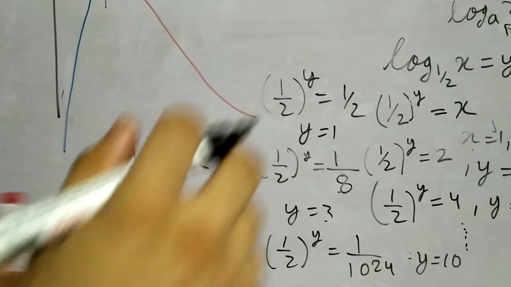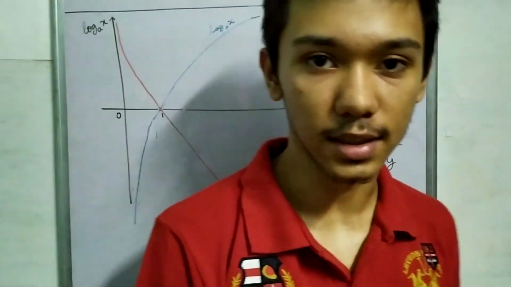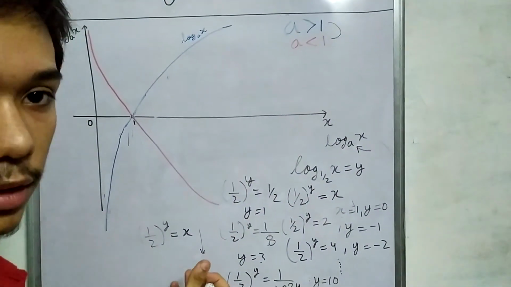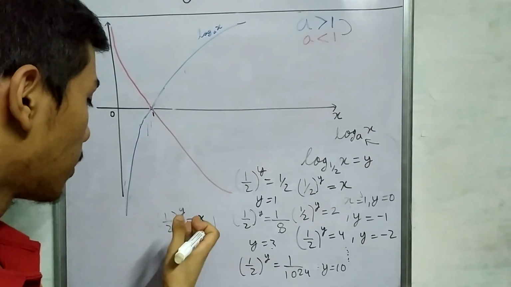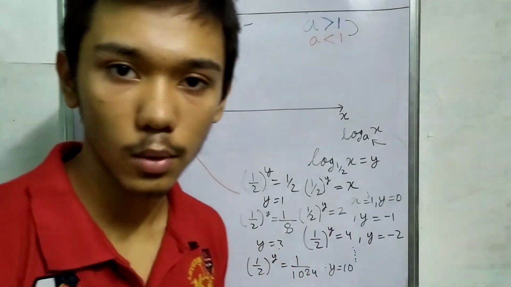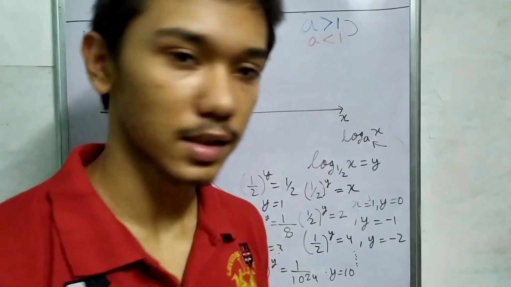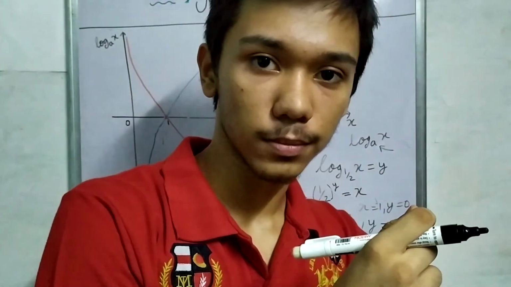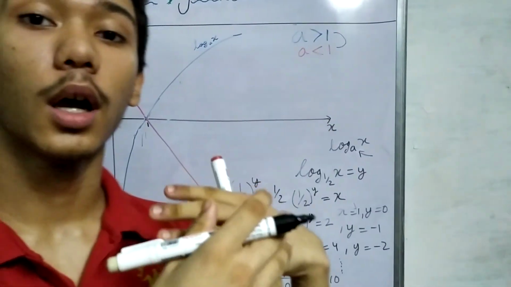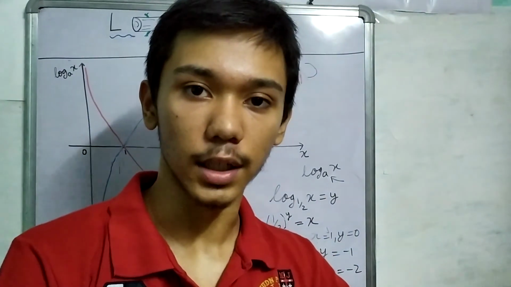So if x goes to 0, again we are taking the limiting cases. x won't go to 0 for any power of y. No matter how large you put in, x won't be equal to 0. But we can take the limiting cases. As x approaches 0, y can be said to approach positive infinity.